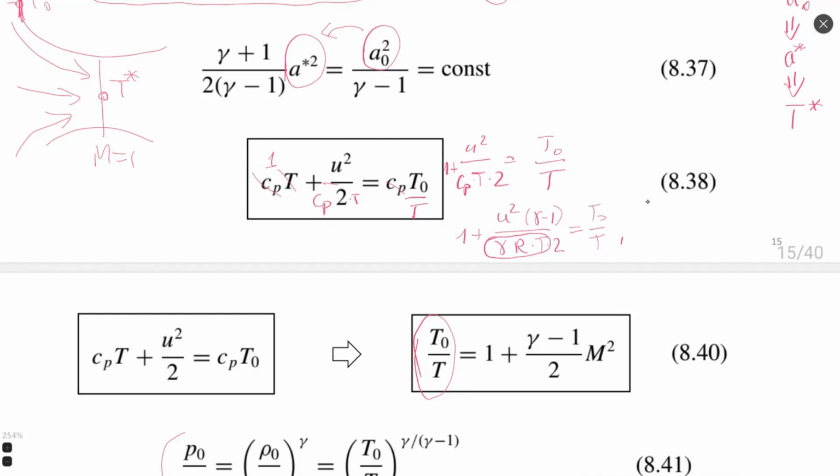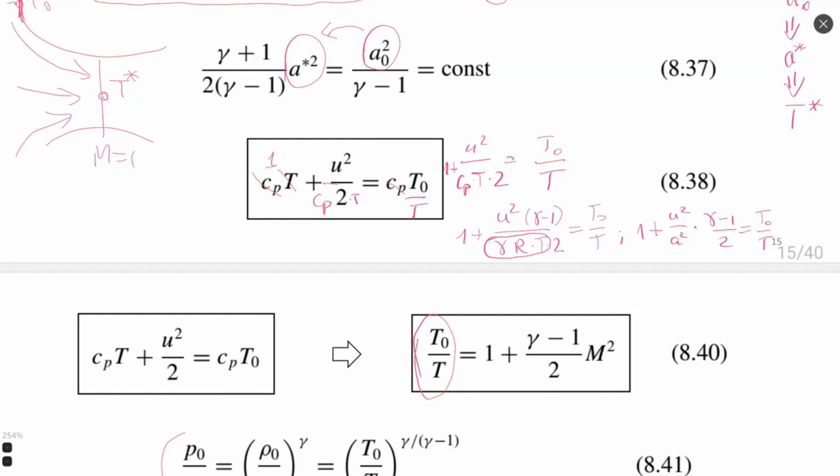So I have 1 plus U squared by A squared. So it's Mach squared as we have in equation 40. And gamma minus 1 divided by 2 equal to T0 divided by T.